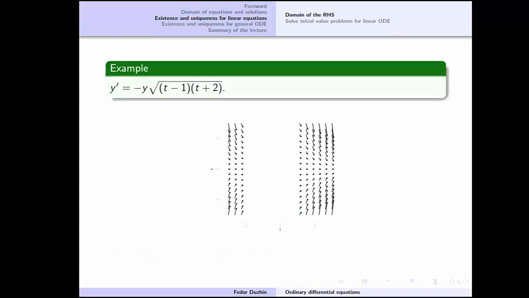Alright, a few examples. So here we have the square root of some expression. Right, so in order for it to make sense, t minus 1 times t plus 2 must be non-negative.